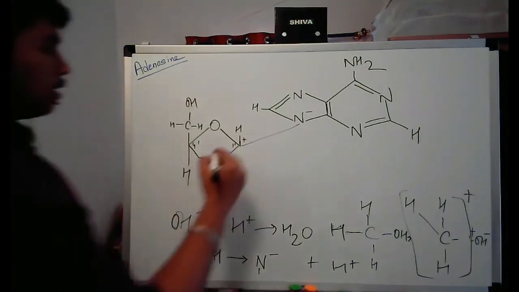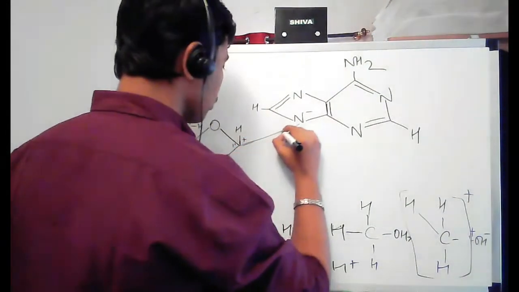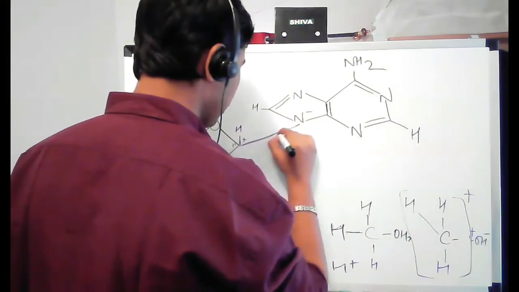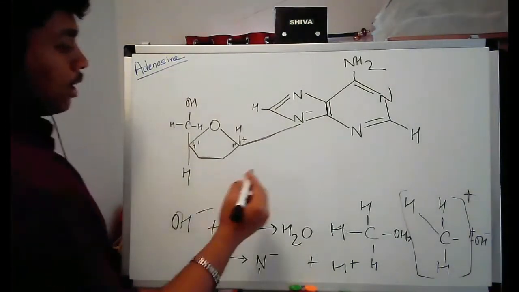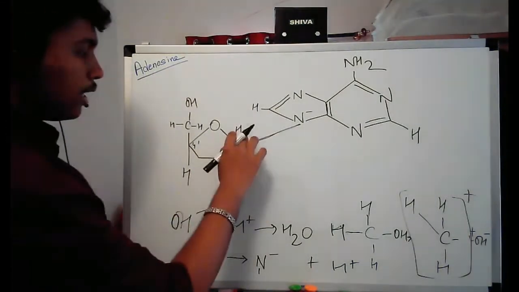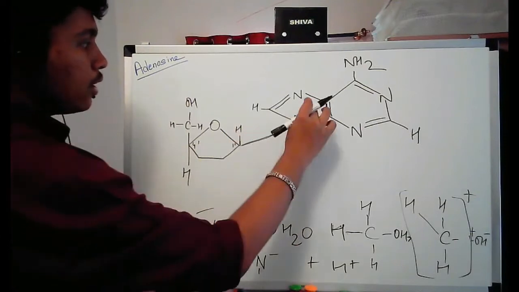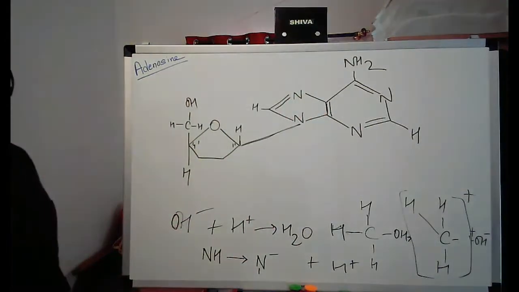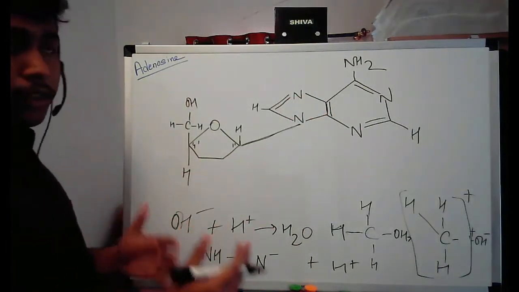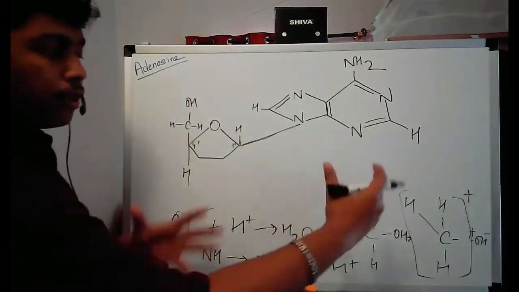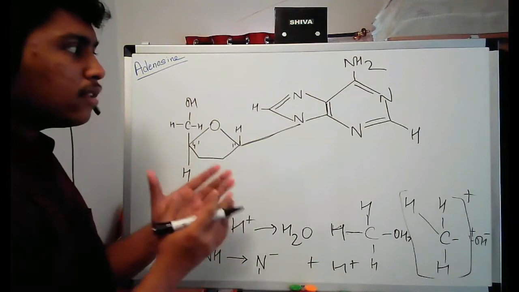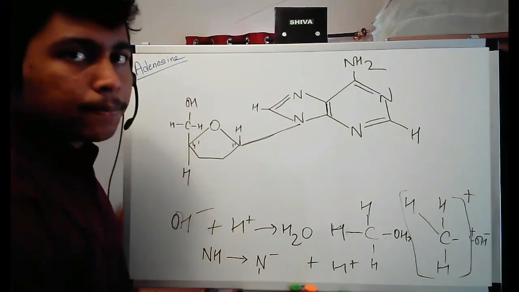That's how. And then this positive charge and the negative charge vanish because now they have attained stability again. This positive, this negative will now react together, and the stability will be restored back again.